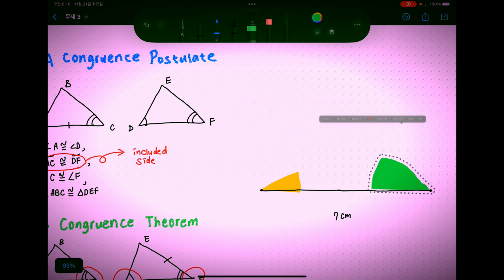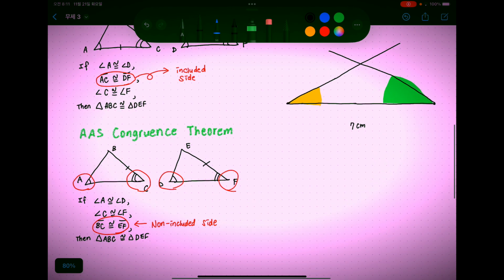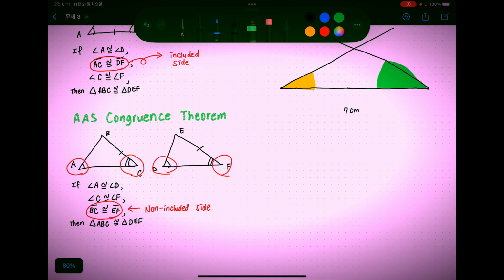I'm going to place it right here. Now, if this is what we have, is it possible for us to form a triangle using the two angles and this line? We don't have to prove this because we know that once the included side is given with the two angles, we can easily form a triangle. But what about in the case of AAS then? So let's see if we can prove AAS together.